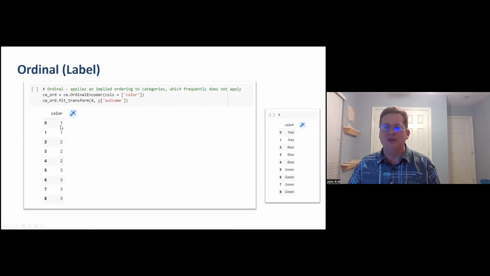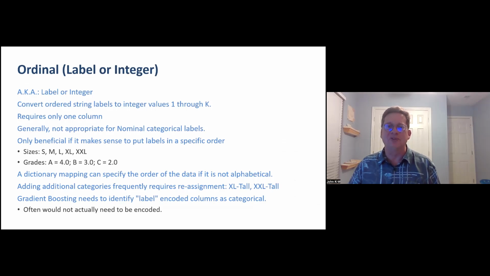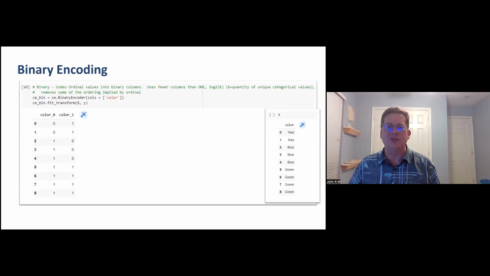Ordinal just puts an order of red is ones, blues are, we've got 3 2s for blue, we've got 4 3s representing the greens, and this again is implying an order to your categorical encoding, which you probably don't want for colors. So not the best solution there.